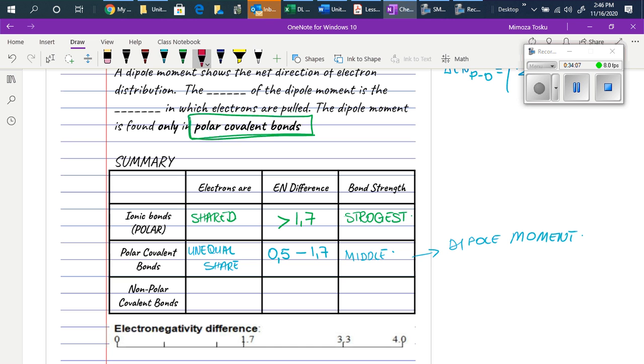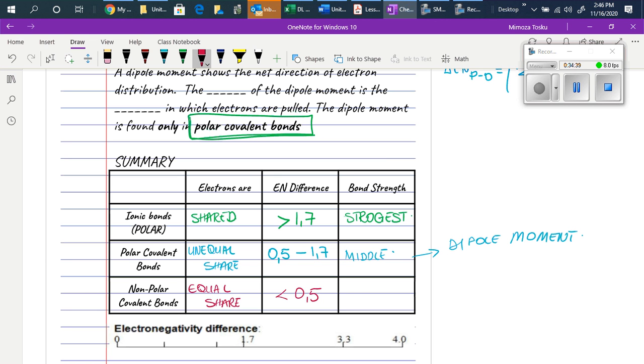When we have a non-polar covalent bond, meaning that the two atoms have pretty much the same electronegativity, the electrons are almost equally shared, and the electronegativity difference is less than 0.5.